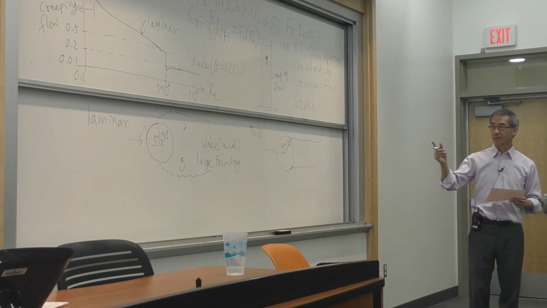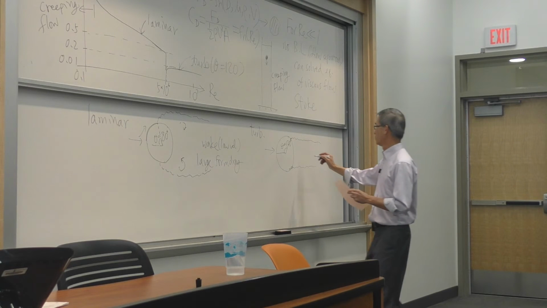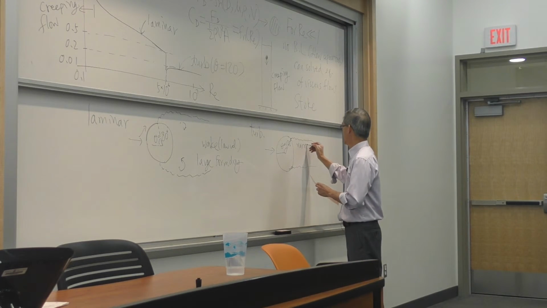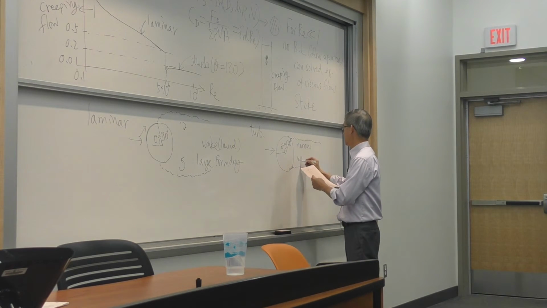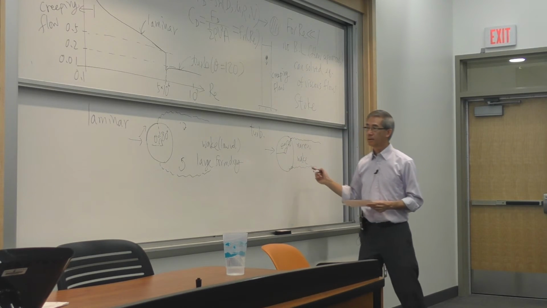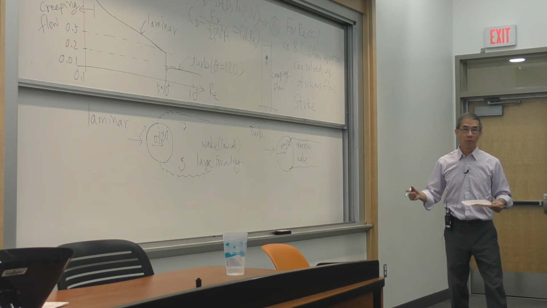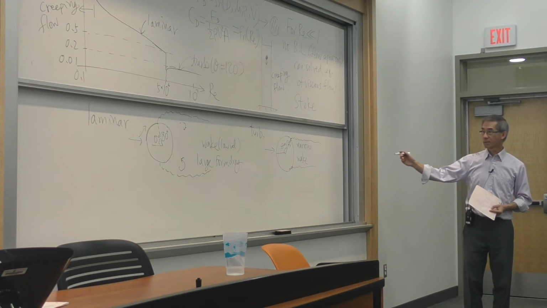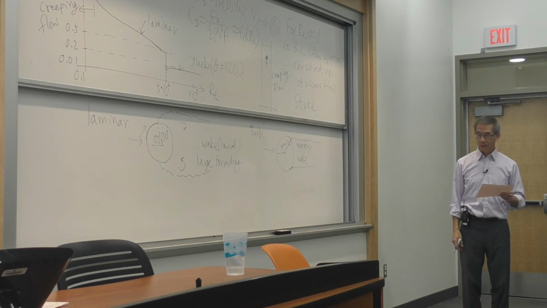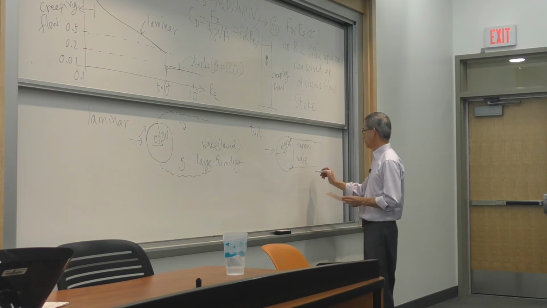So the comparison of the wake between laminar and turbulent is that you have a much broader and wider wake with a low region of pressure, versus that of turbulent, where the wake has shrunk and becomes smaller.